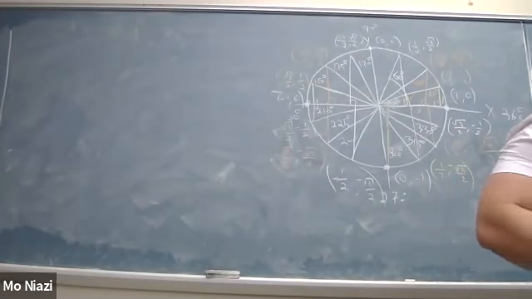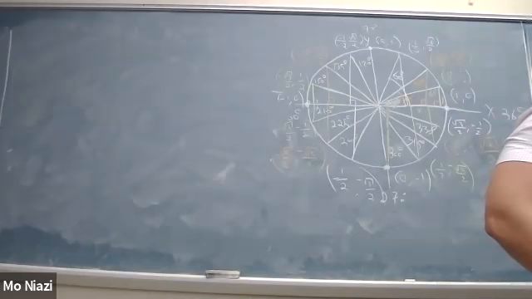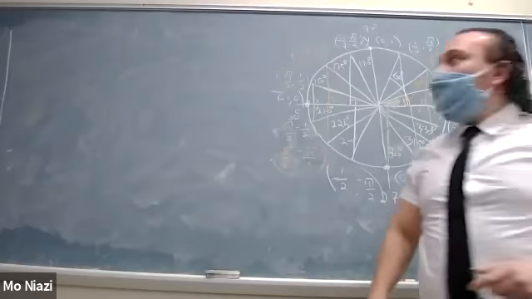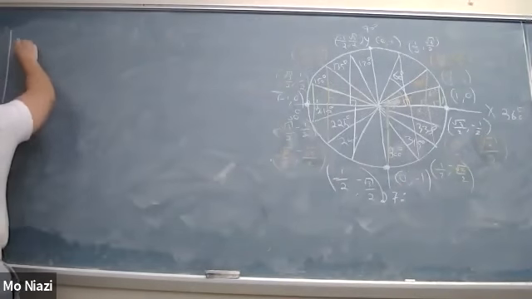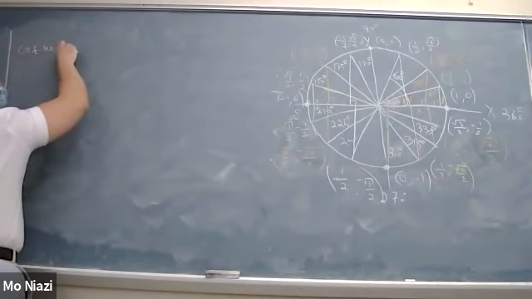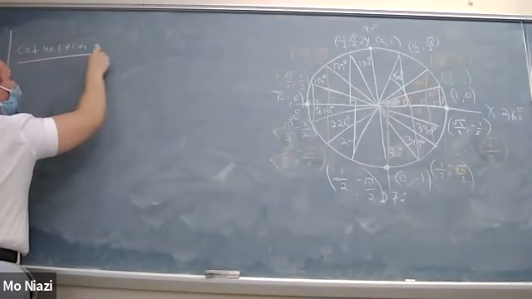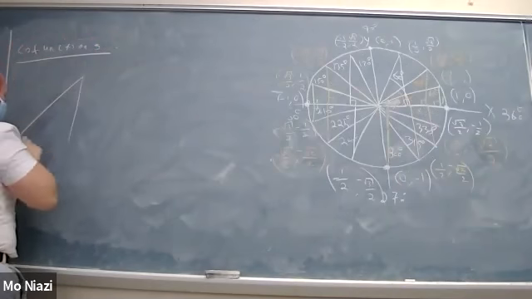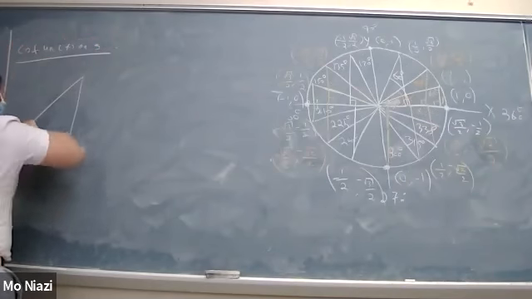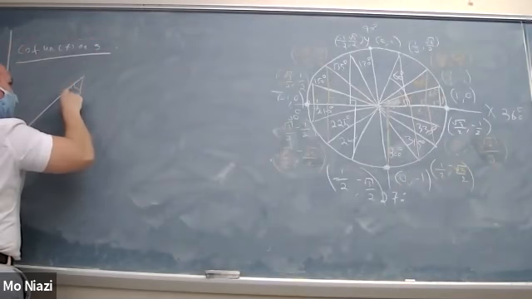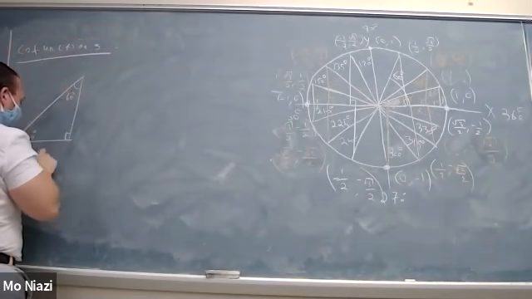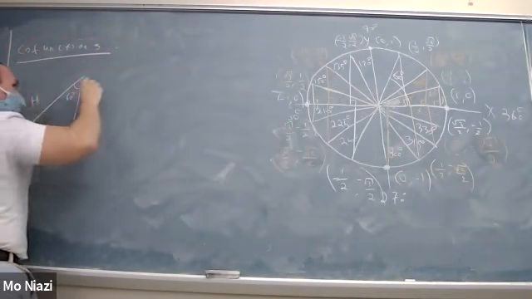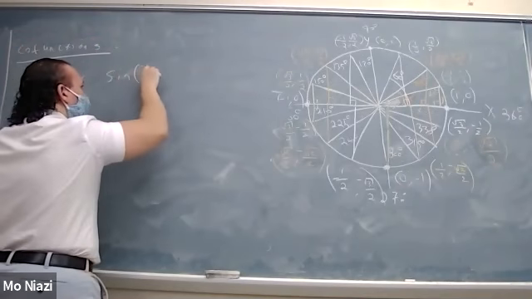Okay, now that we talked about that, let's talk about cofunctions. What is the sine of 30 degrees?